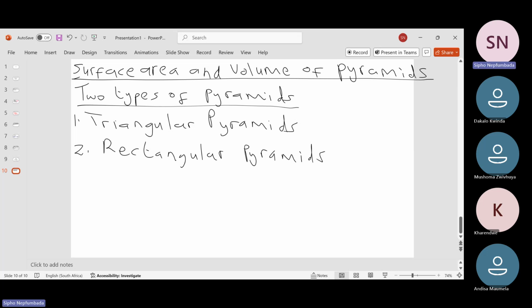Can we go to the next slide so that we can deal with the formulas now?